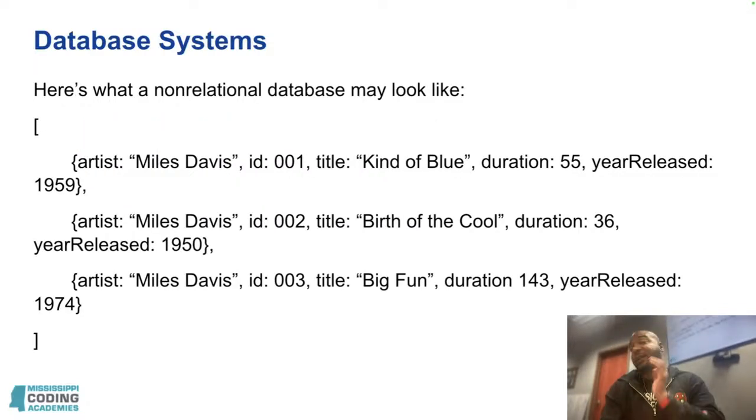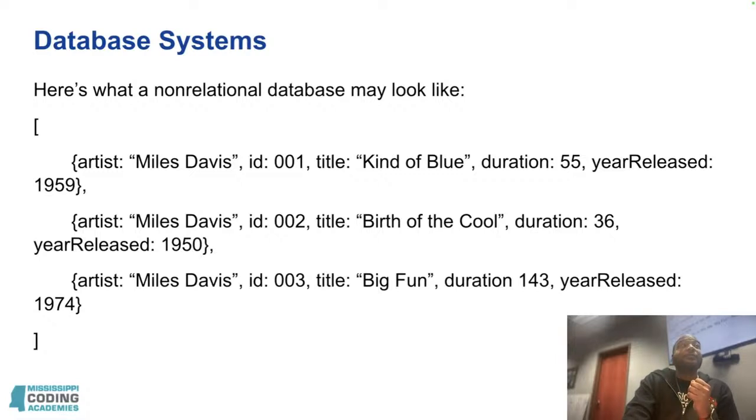So if we go back here and look at this example of the non-relational, it is not made up of tables or rows and columns. It's just key value pairs in this instance right here. I believe most non-relational databases are formatted this way.